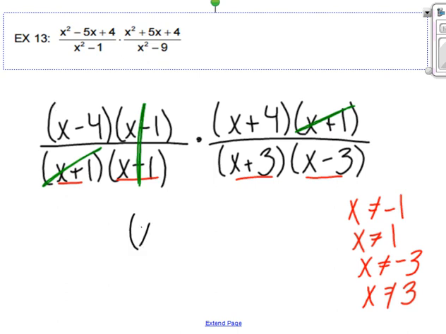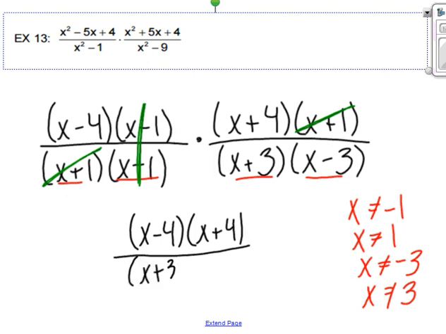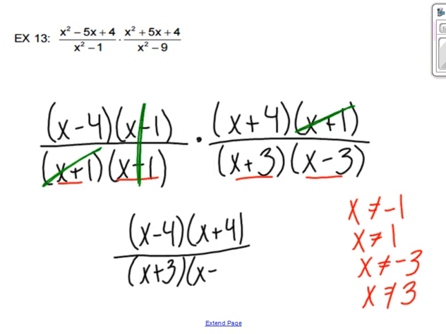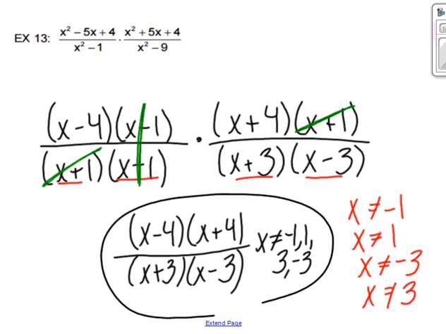So I have x minus 4 times x plus 4 all over x plus 3, x minus 3. And again, my x can equal negative 1, 1, 3, and negative 3. Answer.